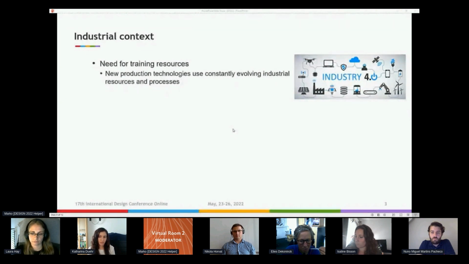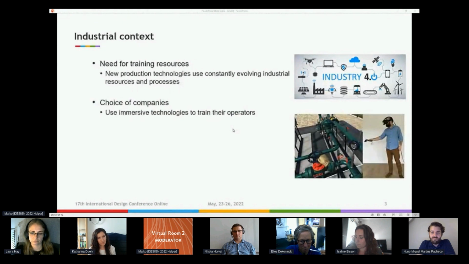Some companies choose to take advantage of immersive technology such as virtual reality or augmented reality. In the field of training, it has been accepted for many years that IT offers real benefits. Despite the maturity of this technology and its visible industrial application, there are still obstacles to its full integration in the industry.